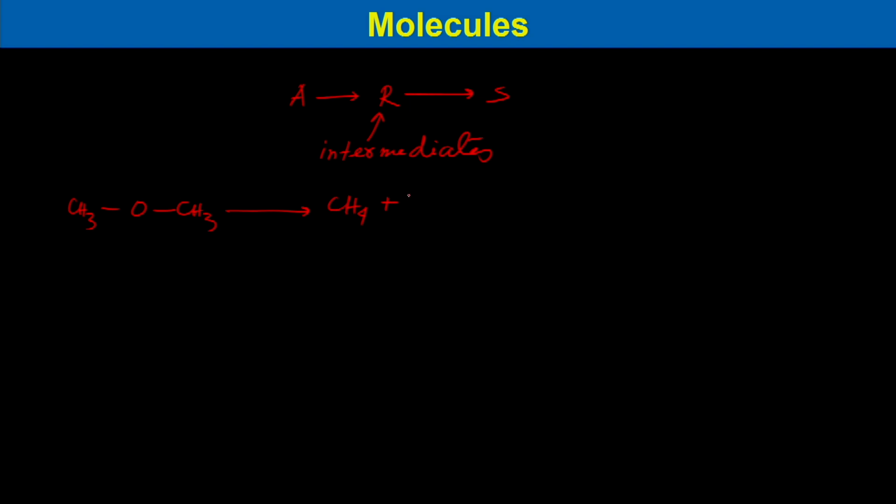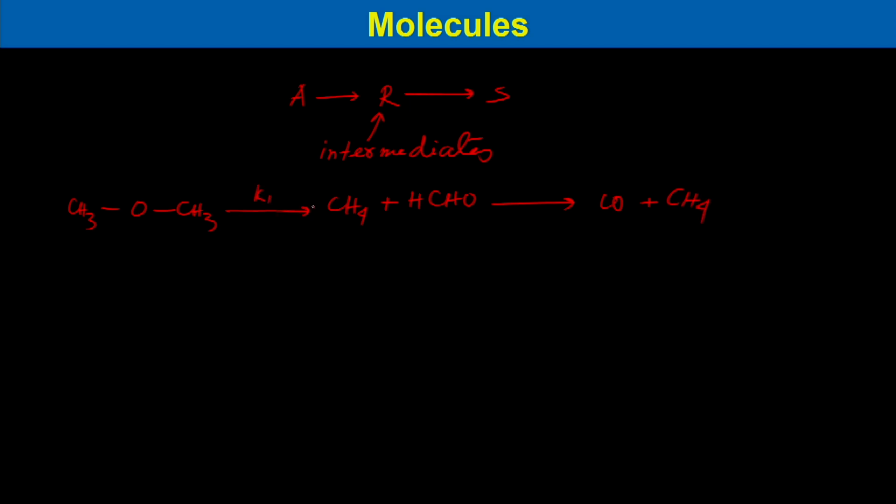Like if we consider the consecutive reaction A to R to S, here the reaction is a multiple reaction and R is called the intermediate. One example of this is dimethyl ether dissociating to CH4 methane plus formaldehyde, and then forming CO plus methane.